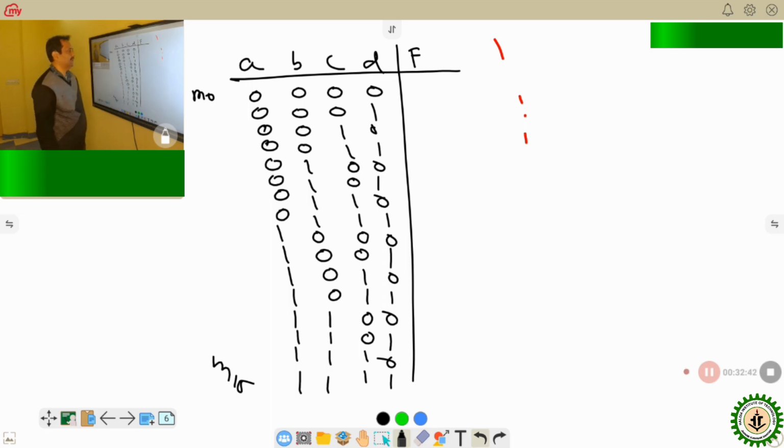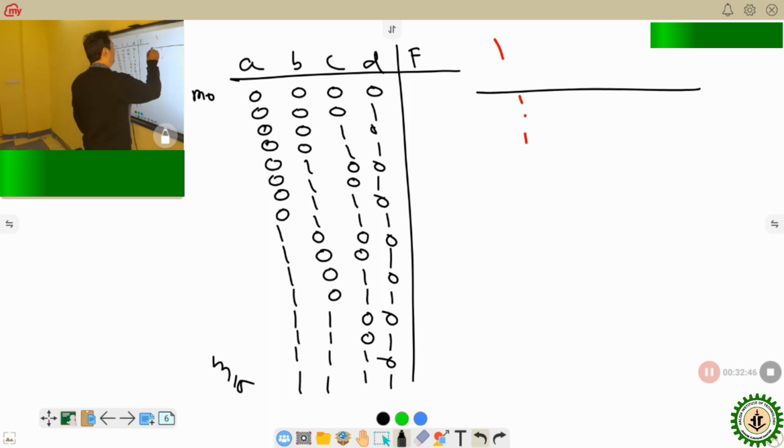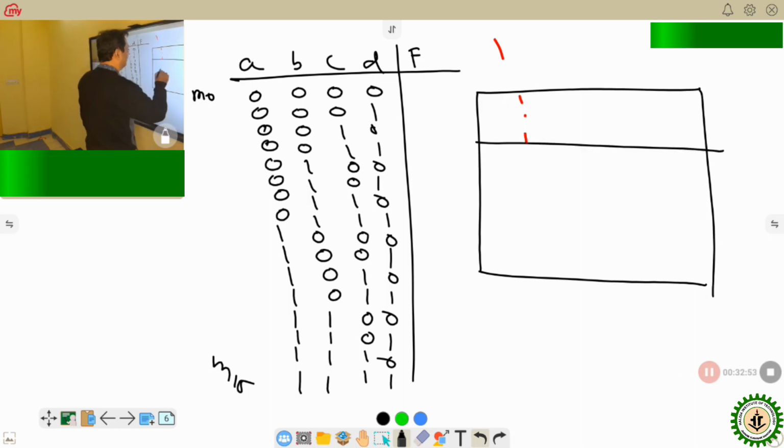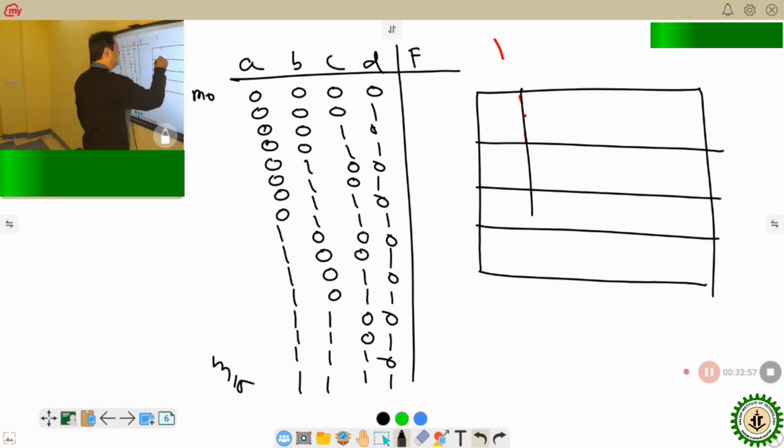Now, if I consider the 4 variable K-map, what will happen? 16 cells will be there.